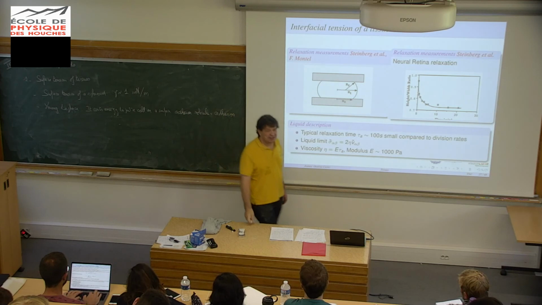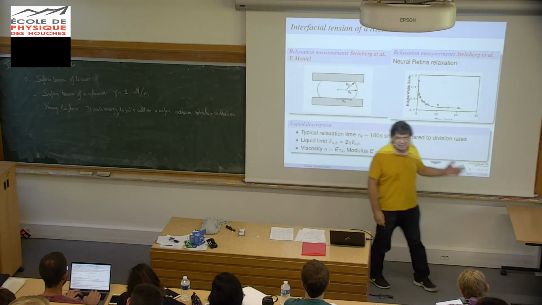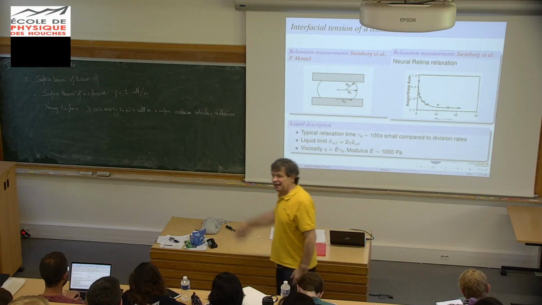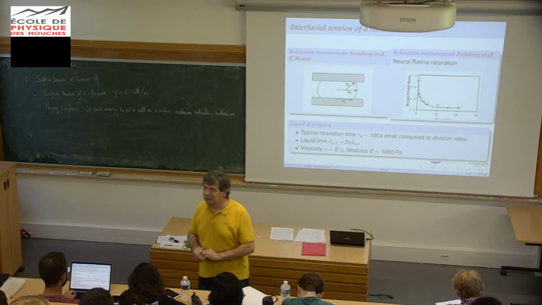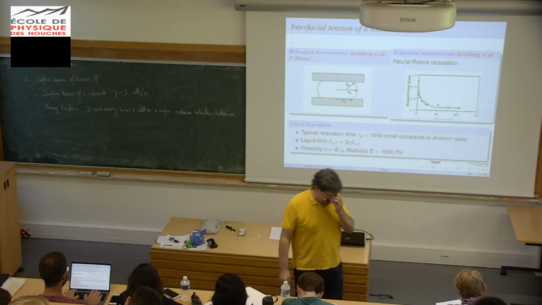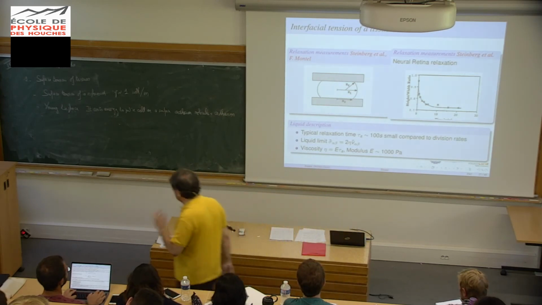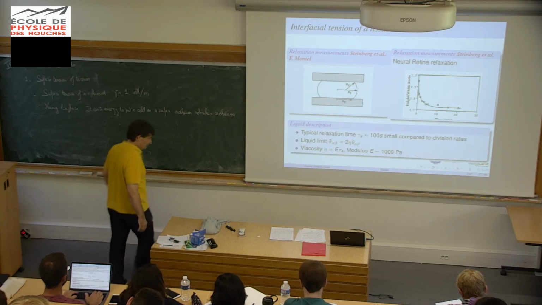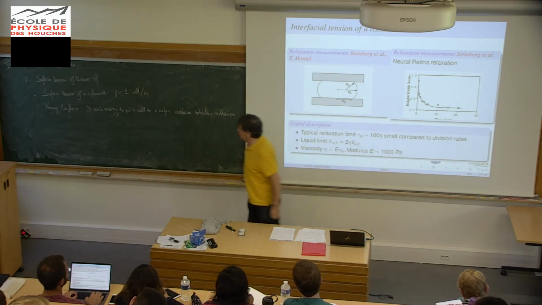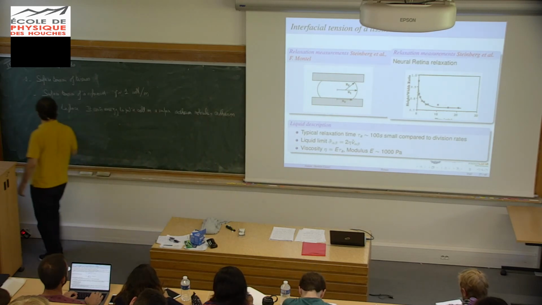So you can play genetically with the cadherins. You can change the cadherin, making them less adhering or more adhering. And it's partly true. If you do that, you change the surface tension, but you don't have all of it. Now, what Steinberg figured out is that there is another thing which is important, which is what they call the actomyosin cortex.